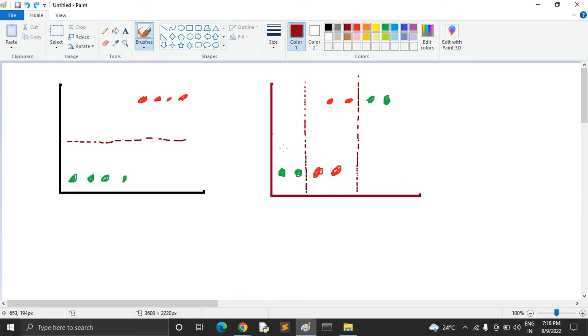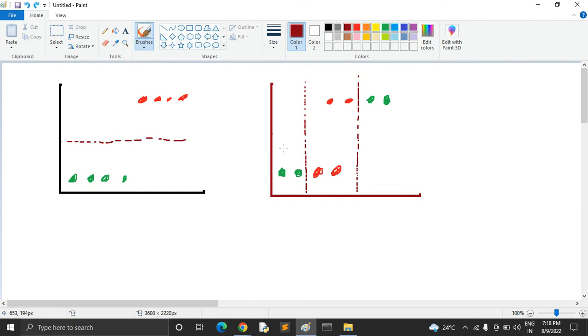Based on this example and this graph, it is very difficult to understand the definition I've just given. So let me use some good, practical real life examples to explain this definition of what exactly a decision tree is.